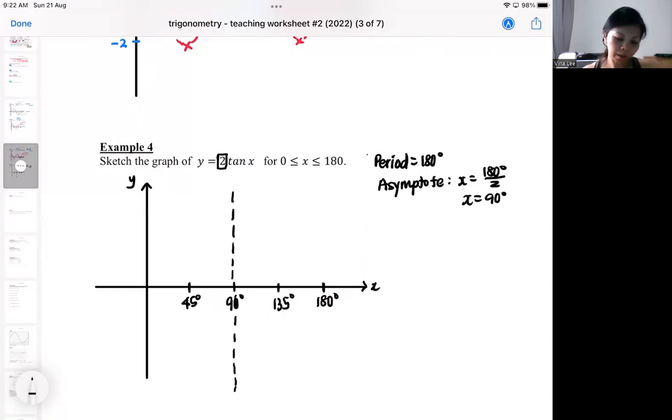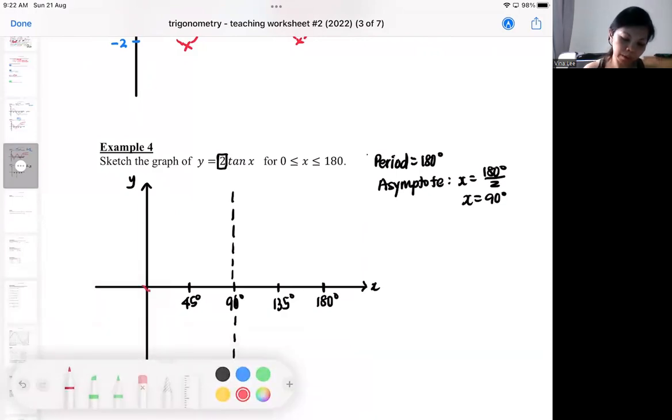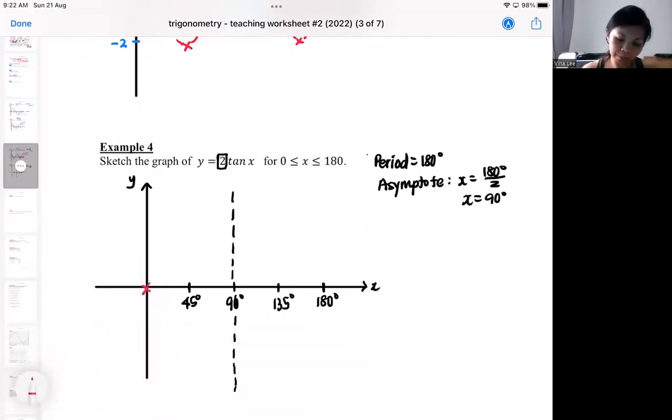So where is the special point? So we got 3 special points just now. So this will be the special point. And then if you try the 45, you can try punching 45. 2 times tangent 45, it will actually correspond to a 2. So this is like a special value to guide you.